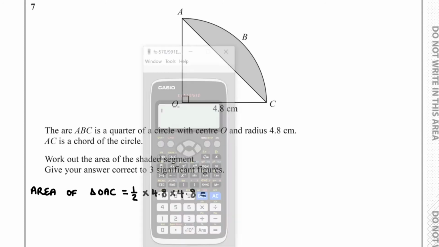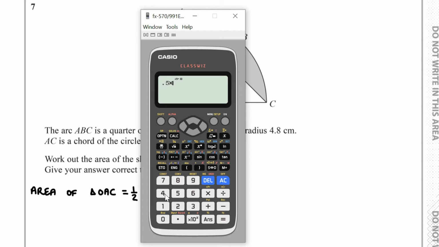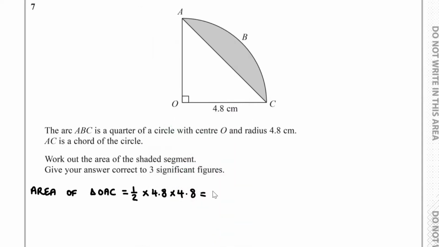So if we work this out, 1/2 times 4.8 times 4.8, this is 11.52. So we have 11.52 centimeters squared for the area of the triangle.